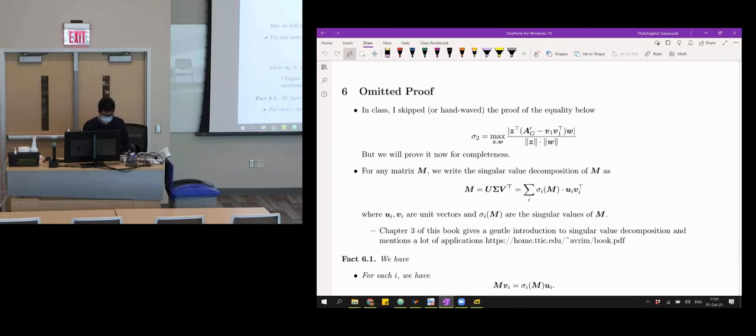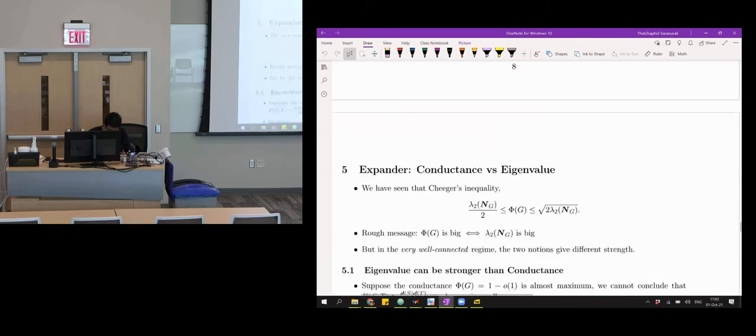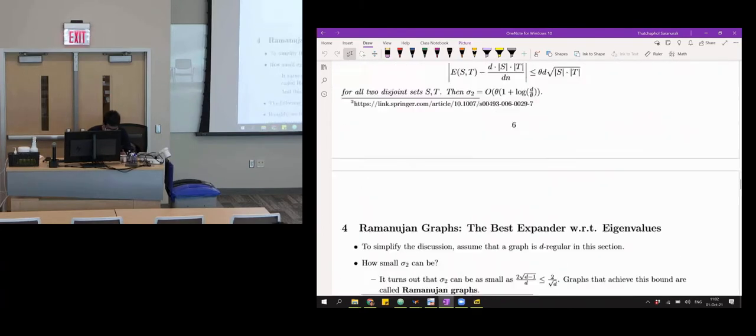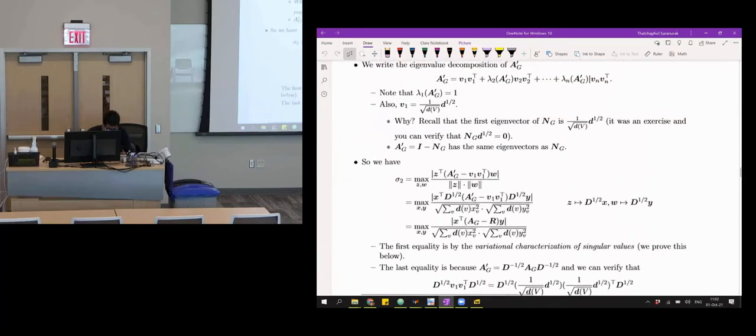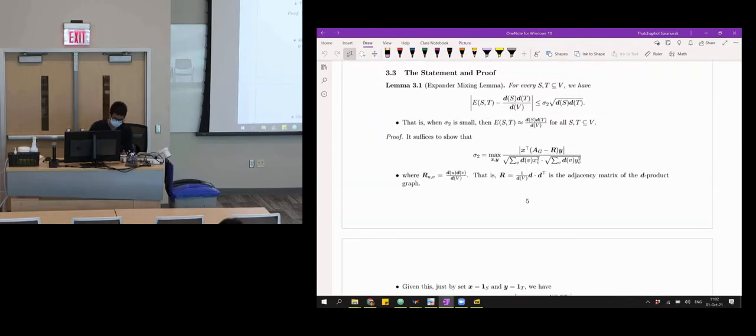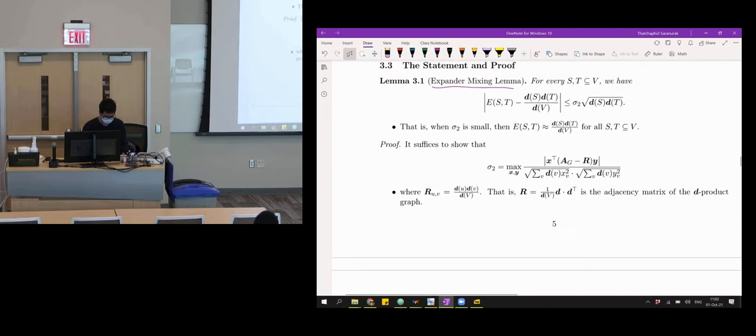So maybe just to recap: in the proof of the expander mixing lemma, there was a main step, where we claim that sigma 2 is exactly this quantity. And once we can prove this, we are done.